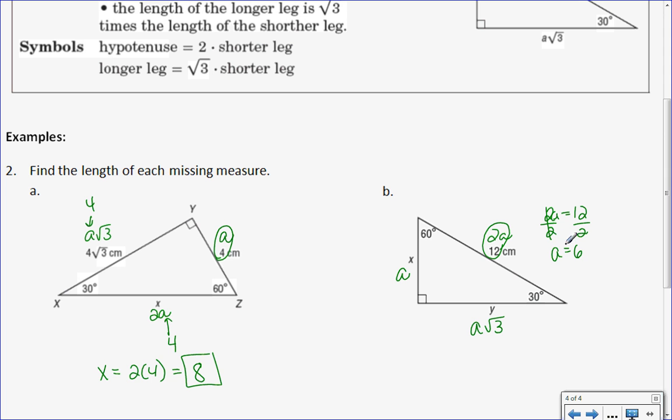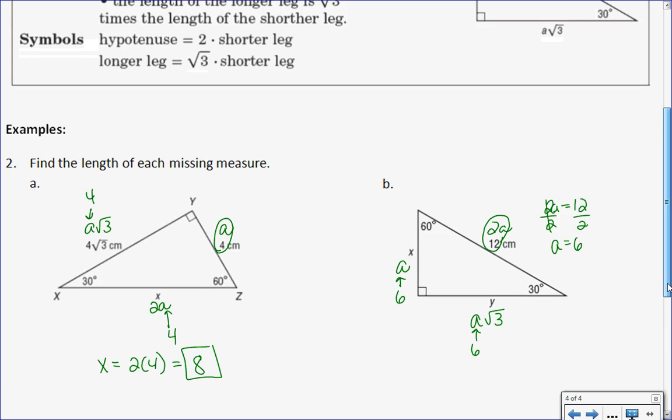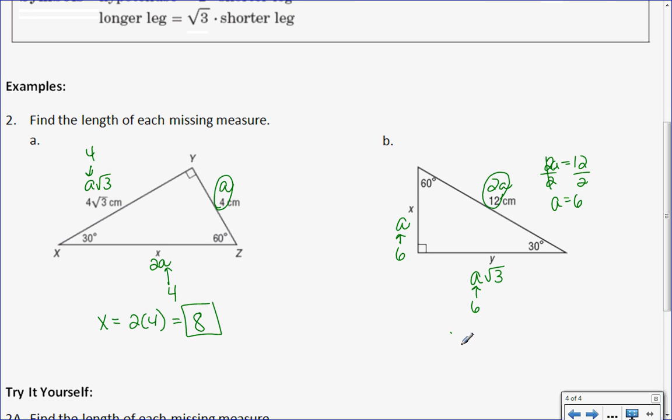Alright, now let's replace A with 6 on the other sides. So this would be 6, and this A would be 6. Now we can see very easily that x is equal to A, which is 6, and y is equal to A square root of 3, and when we replace A with 6, that's 6 square root of 3.